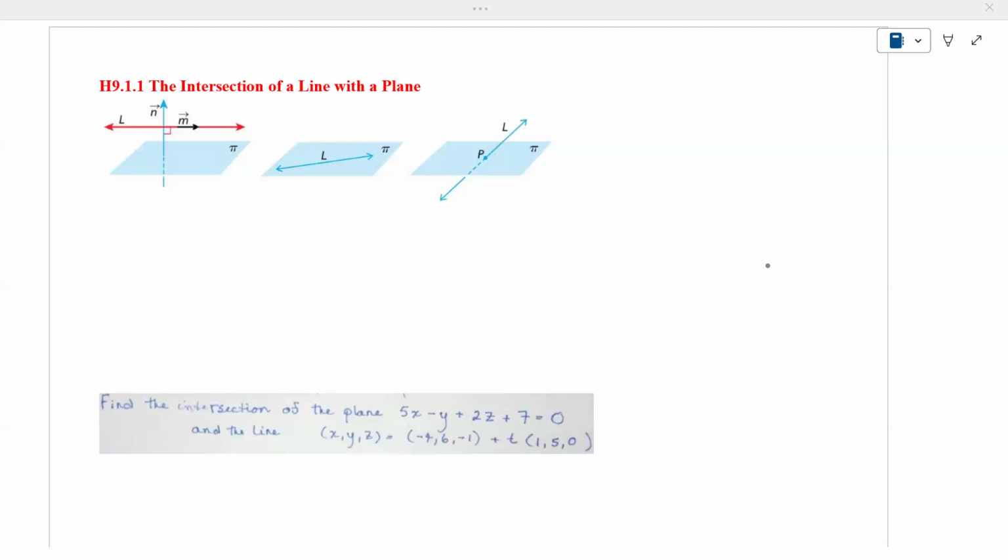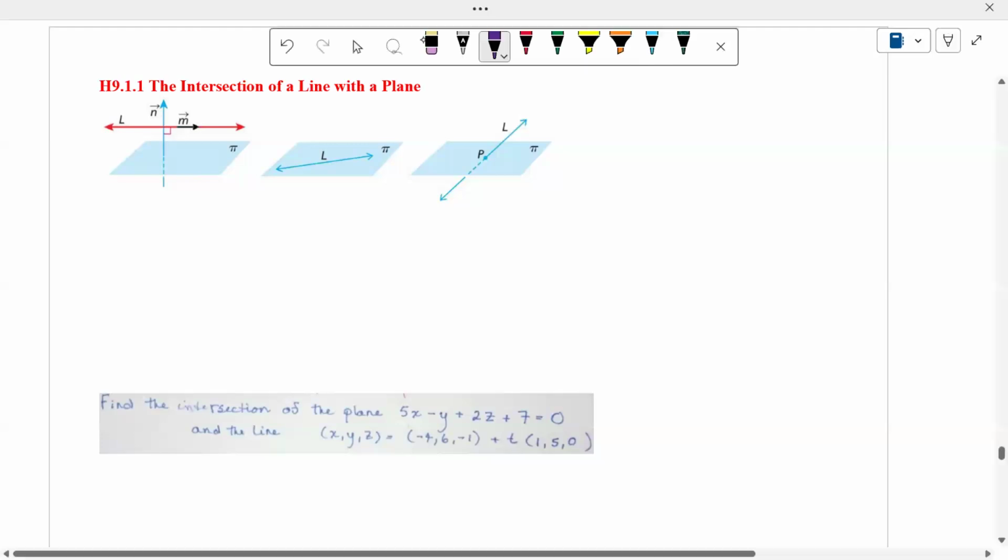So how do we test this? Well, first of all, M dotted with N is equal to 0.